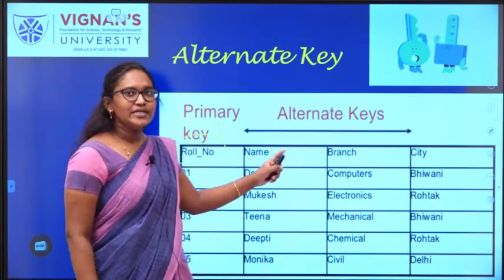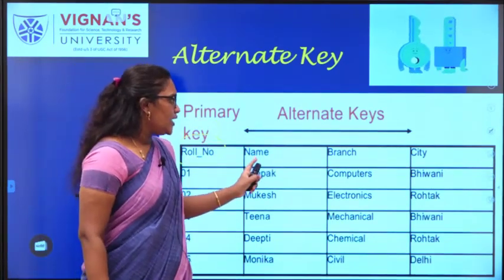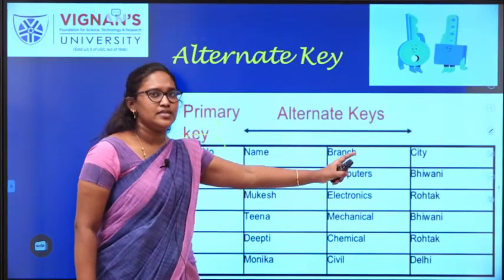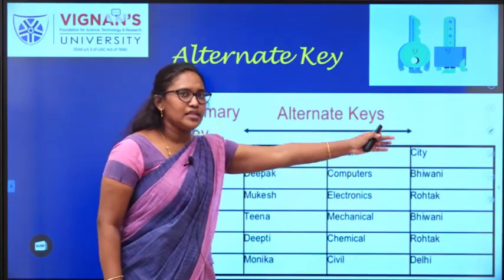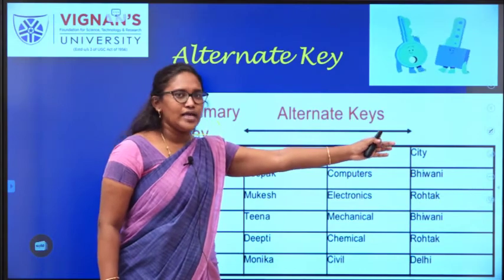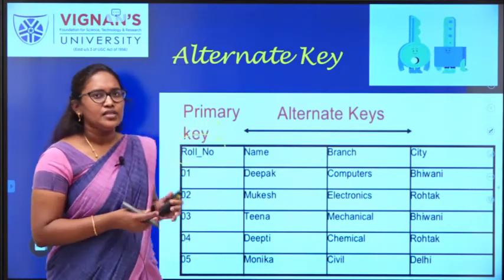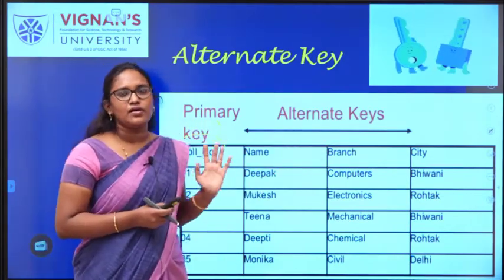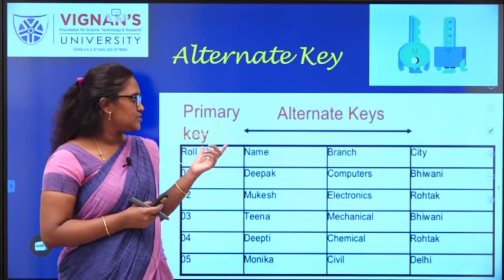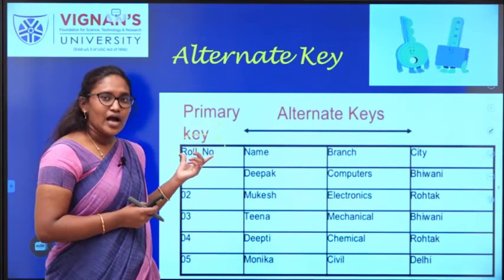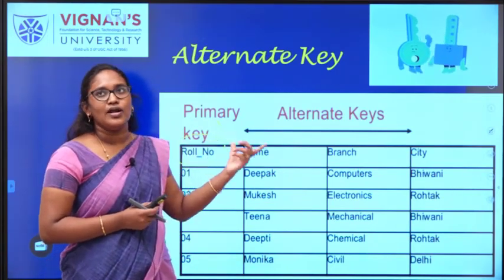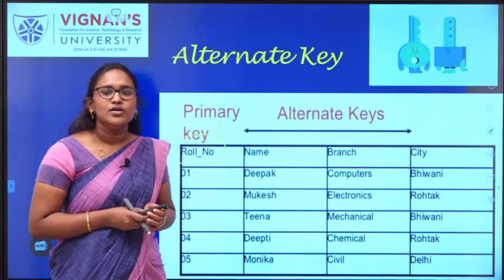Alternate keys means name, branch, city. If you have another one like college and so on, then all those together will be called alternate keys. That means the keys other than the primary key are called alternate keys.